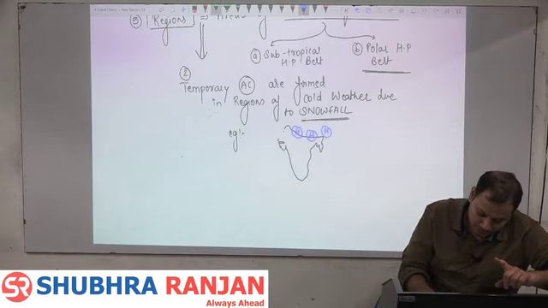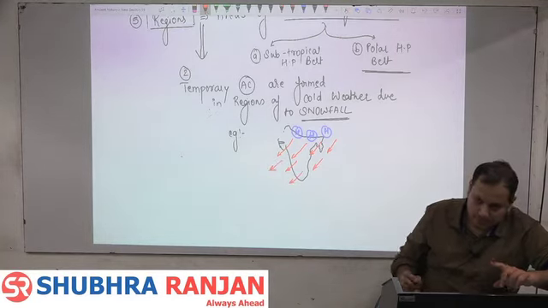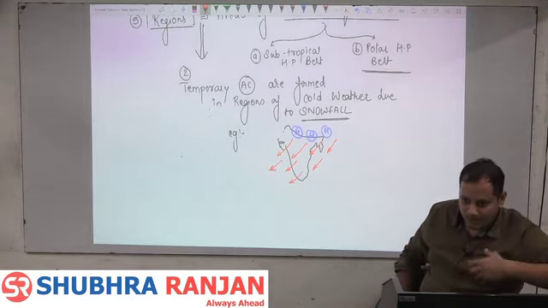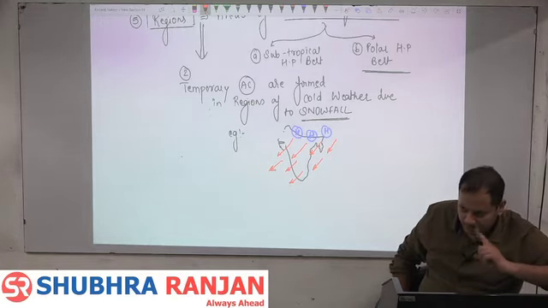Therefore, which wind has now started? Which is the wind? Northeast. Wind will always flow from high pressure to low pressure. Clear with this?